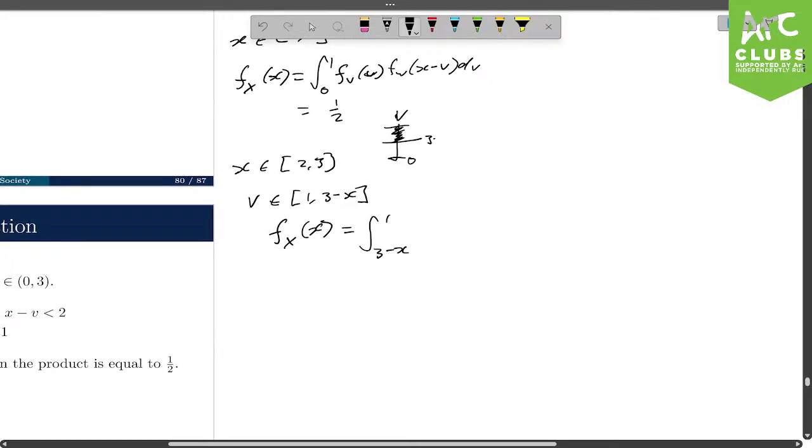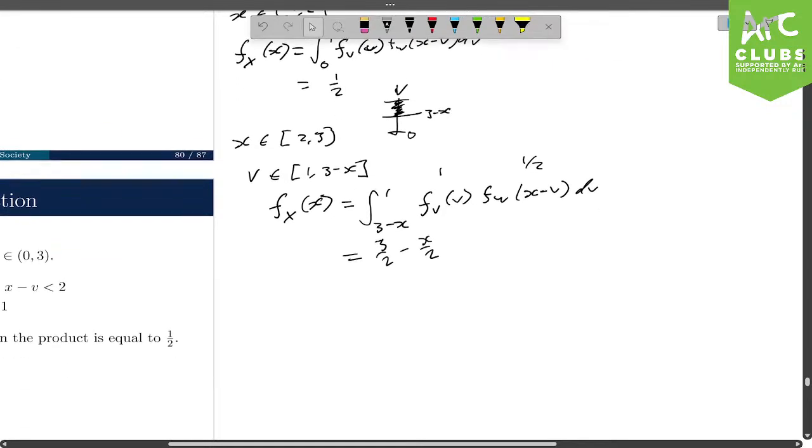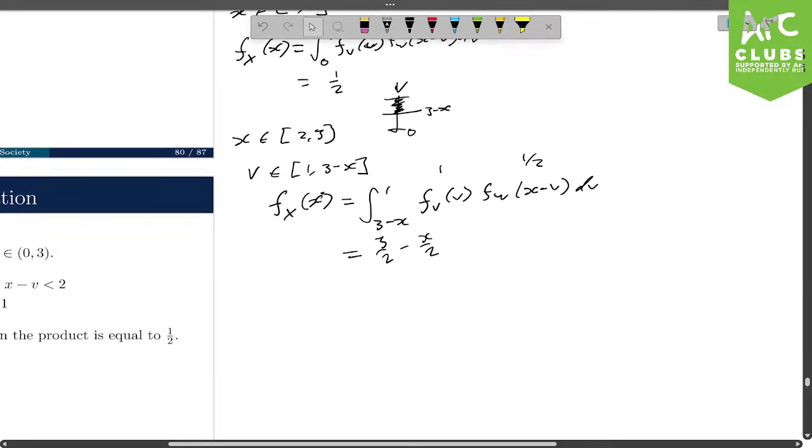So this would be 3 minus x. And I go ahead and put in the same values again and again. And what I get this time, to remind you, this is 1.5, I end up with 3 over 2 minus x over 2. And that works amazingly.